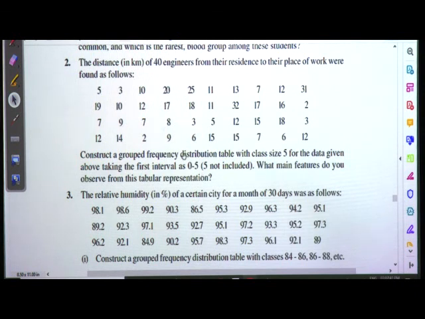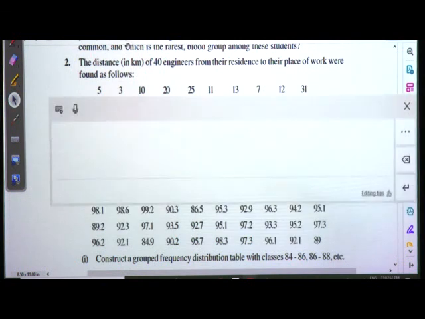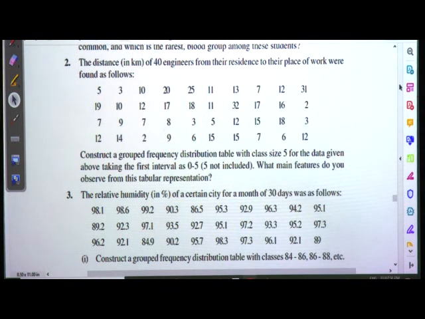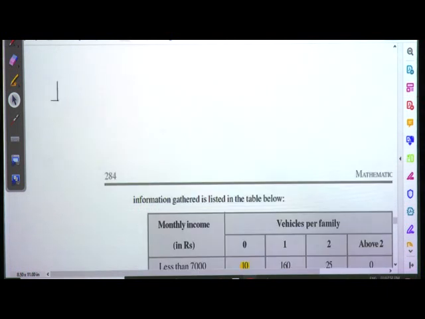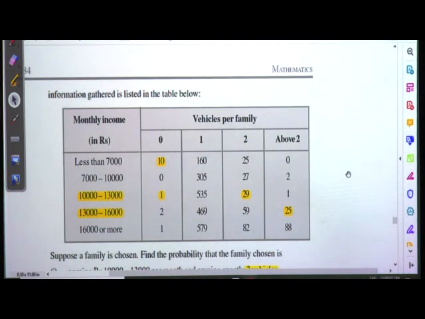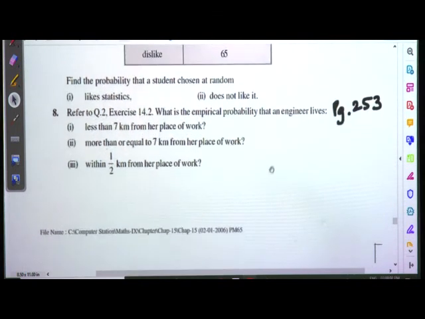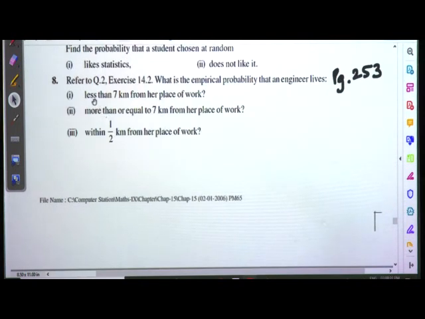Okay. Means what? Here also the data is not readily available for us. Why the data is not readily available for us? Because in our question, if you people must have noticed, the events asked to us are phrased as less than 7 km from her place of work, more than or equal to.